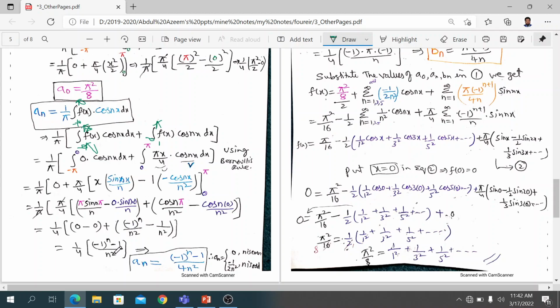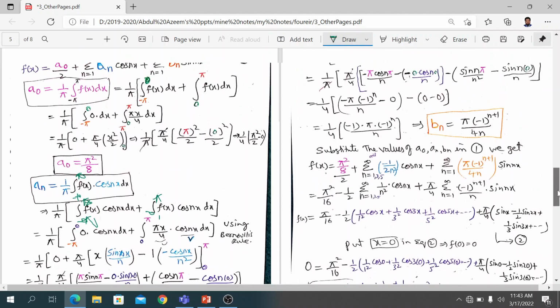So a n is minus 1 power of n minus 1 by 4 n square. Here a n is 0 if n is even, and minus 1 by 2 n square if n is odd. If we take n odd, we get minus 2 by 4, so minus 1 by 2 n square when n is odd.